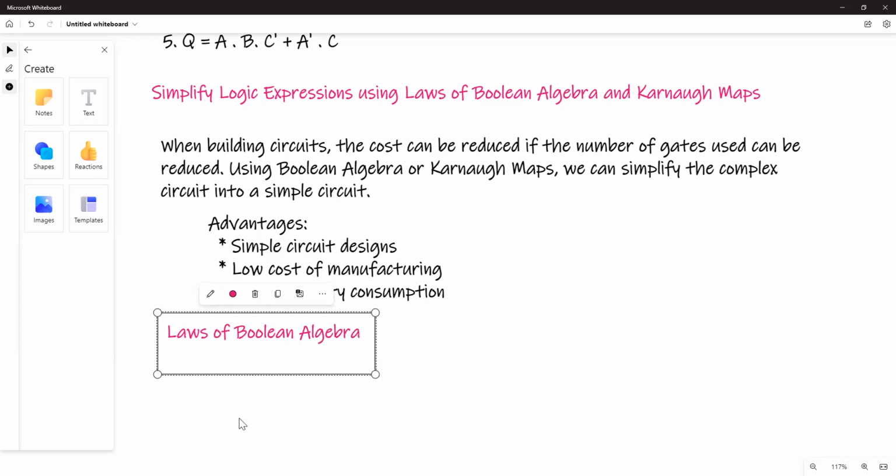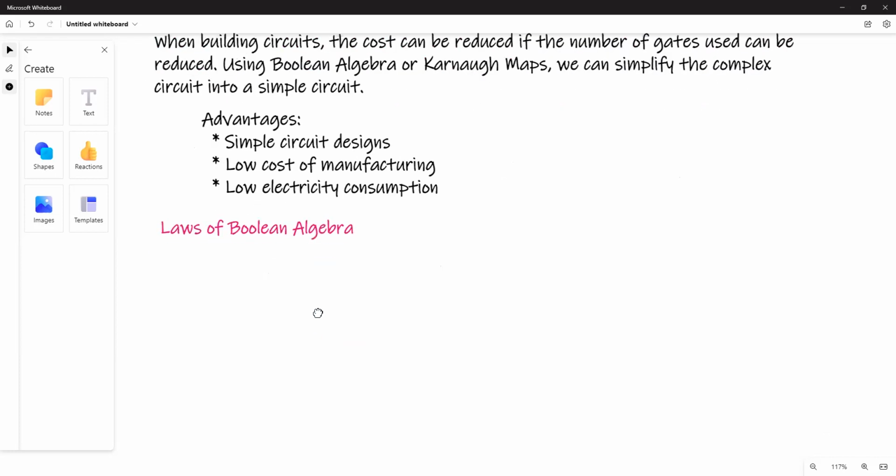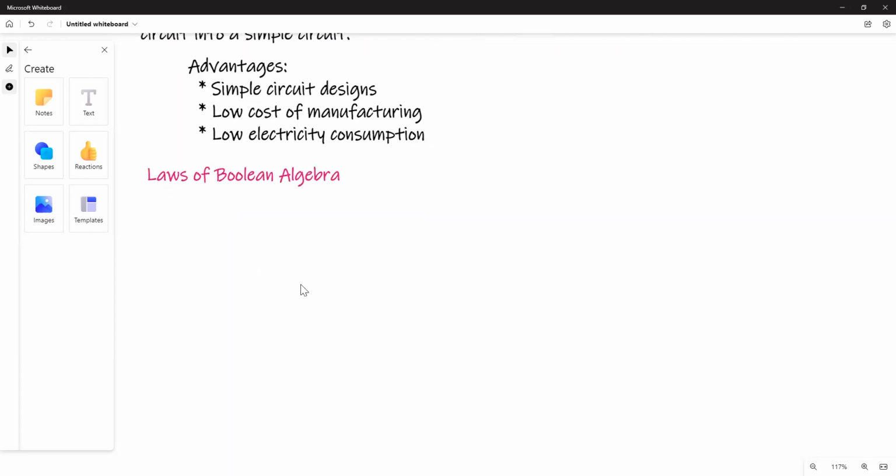Right. So we are going to write down a couple of algebraic equations and we will discuss their proof as well.